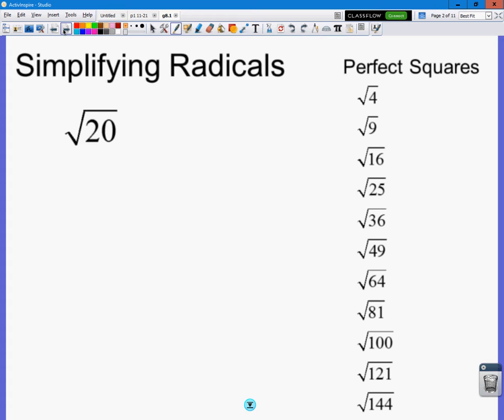In this chapter, if you have this calculator, or you have a calculator like this, you cannot use these this time. Because they have a function on them that you're actually tested on in this chapter. You're tested on your ability to simplify a radical.